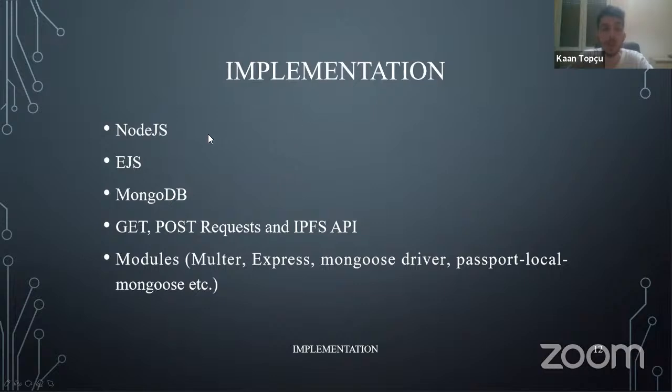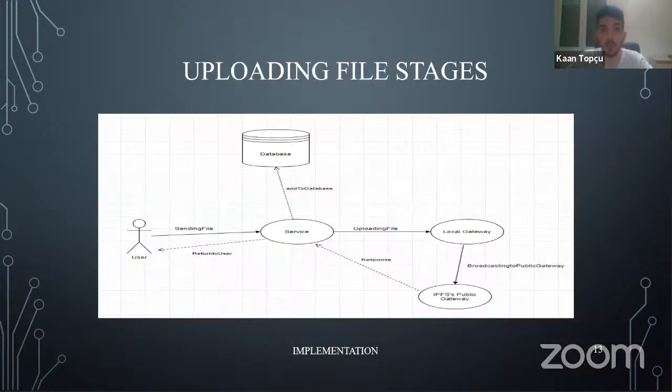For the implementation part, as I mentioned, I used these platforms, but it can vary from implementation to implementation. Actually, it's implementation agnostic. Uploading file states are basically shown here. Whenever a user wants to send a file to the service or upload it to the IPFS, he or she sends the files to the intermediate server first. Then the server redirects it to the local gateway.